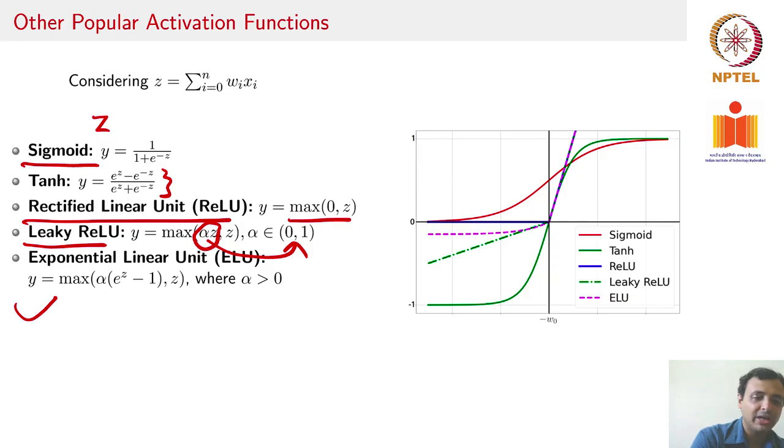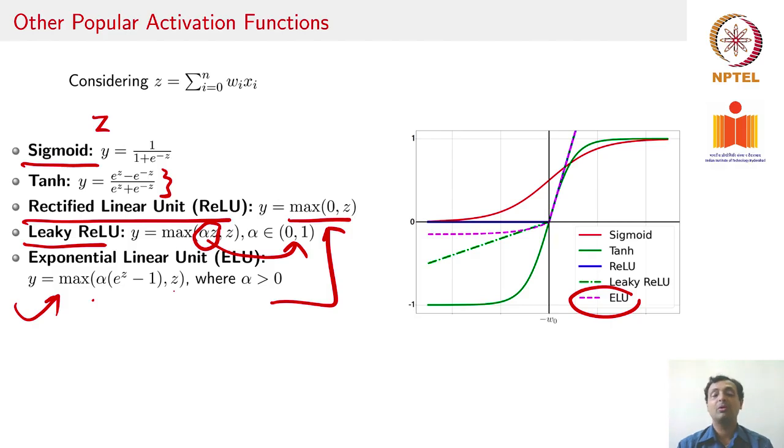A more general variant of the ReLU activation function is known as the exponential linear unit, or ELU, which is simply a smooth form of the ReLU or the leaky ReLU activation function, which is given by alpha into e power z minus 1 comma z, max of that, where alpha is a number greater than 0. And you can see the ELU activation function in the purple color on this particular graph.